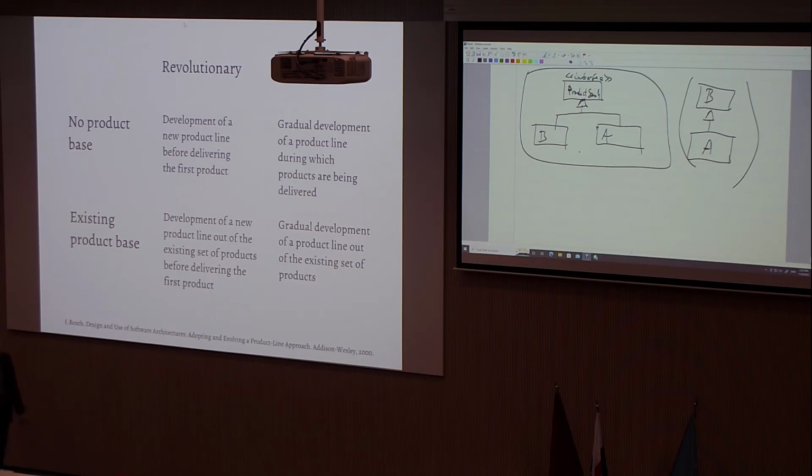So these are the options. Needless to say once more, this gradual development of a product line out of the existing set of products is the most probable way to go with software product lines.